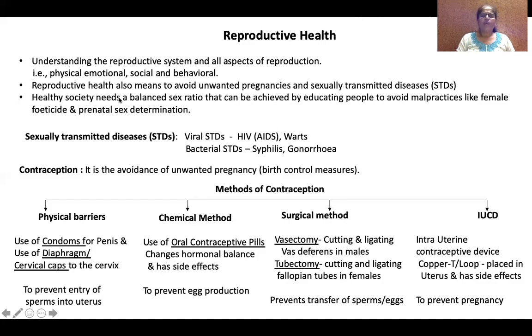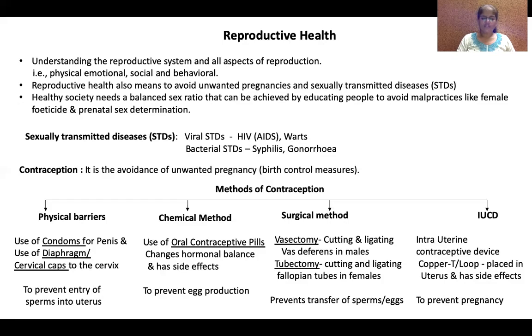Okay. Now, society needs to balance the sex ratio, male to female ratio. As of now, the female ratio is very low compared to the male ratio. Society is concerned about the sex ratio because most of the society, if it is a girl child, they'll get aborted. Now that is a crime. Killing a female fetus in the womb, it is a crime.